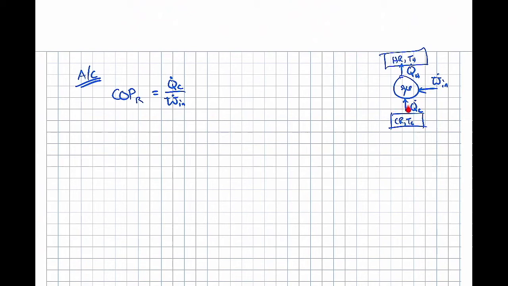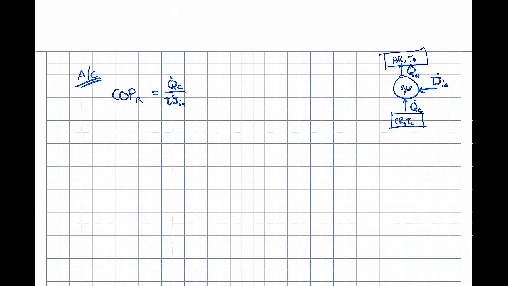So it's the amount of energy we pull out of that cold reservoir divided by the power that you have to put into it. The COP-R here as a measure for refrigeration or air conditioning, typically the COP is used for engineering or scientific purposes. It's a dimensionless number, no units associated with it. So that's what is commonly used in more engineering or scientific arenas.